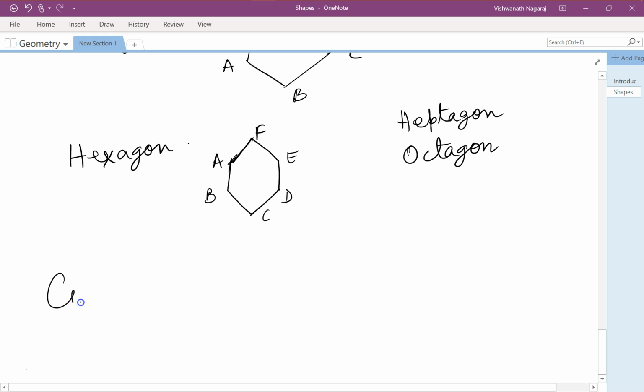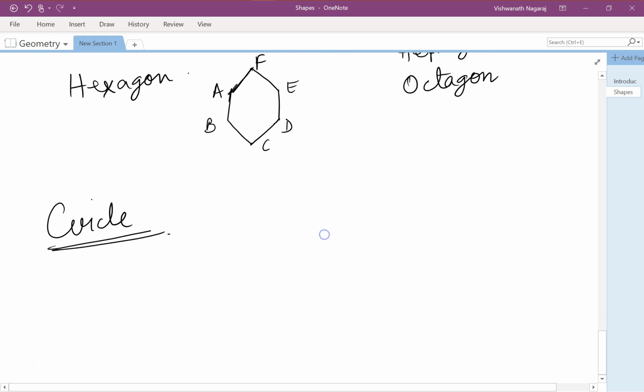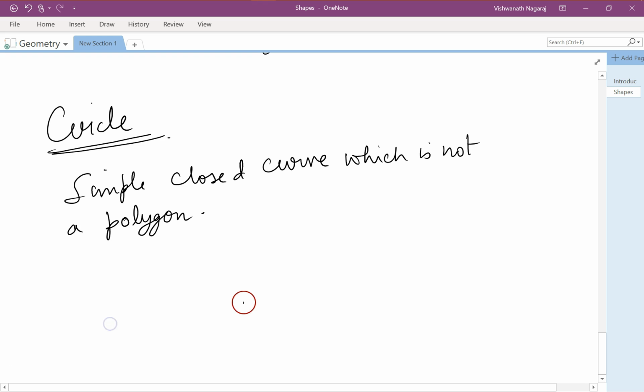Let's look at a circle. Now, a simple closed curve which is not a polygon. Now take a point and maintaining an equal distance, you mark points which are equal distances from this point.